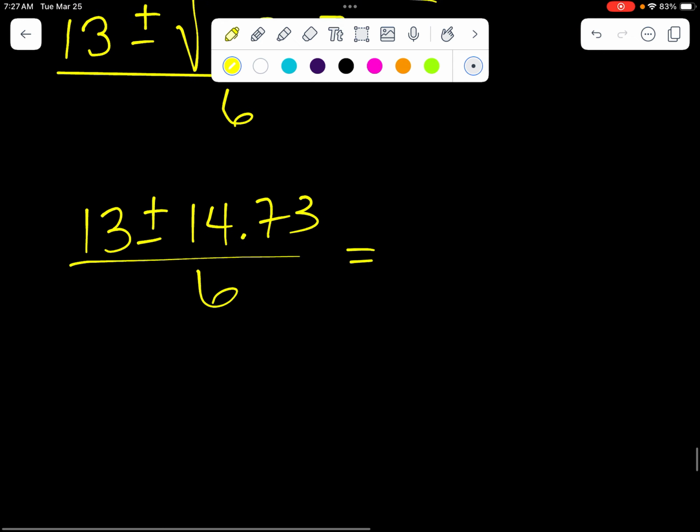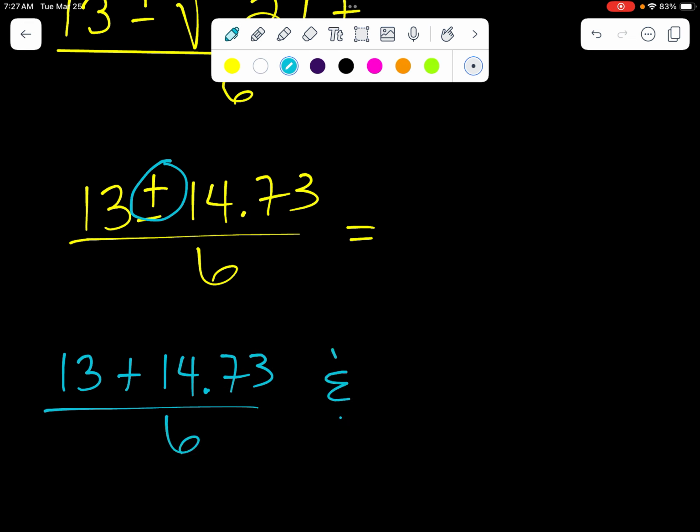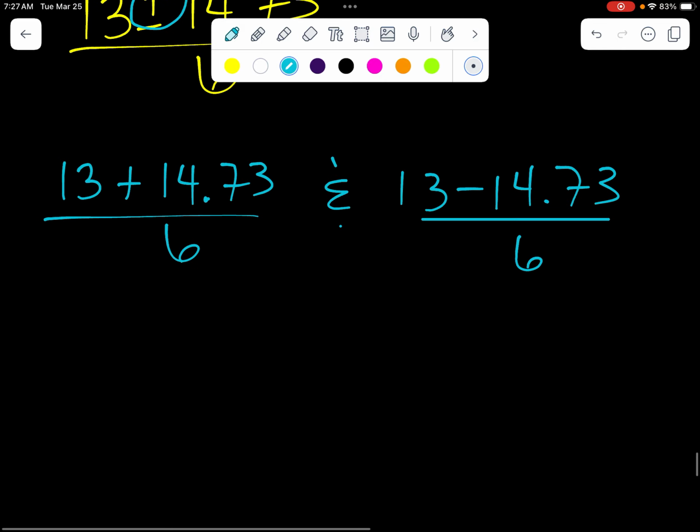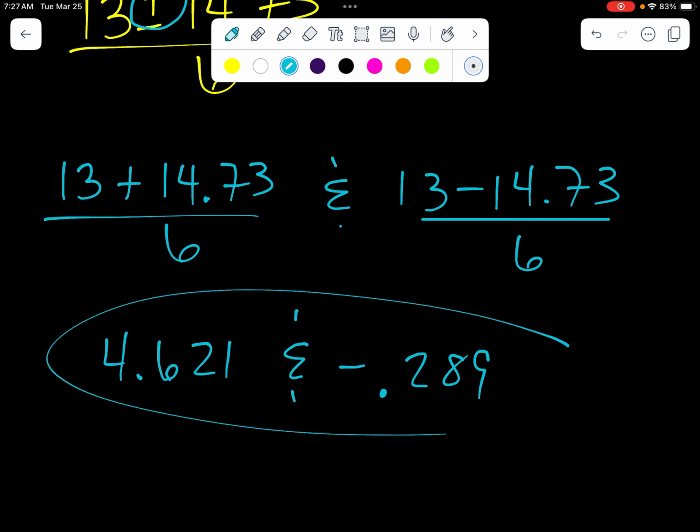And the plus or minus, so what does the plus or minus mean? This means we have two answers. We have 13 plus 14.73 divided by 6, and we have 13 minus 14.73 divided by 6. And when you type those two in the calculator, you're going to get an answer of about 4.621 and negative 0.289, right?